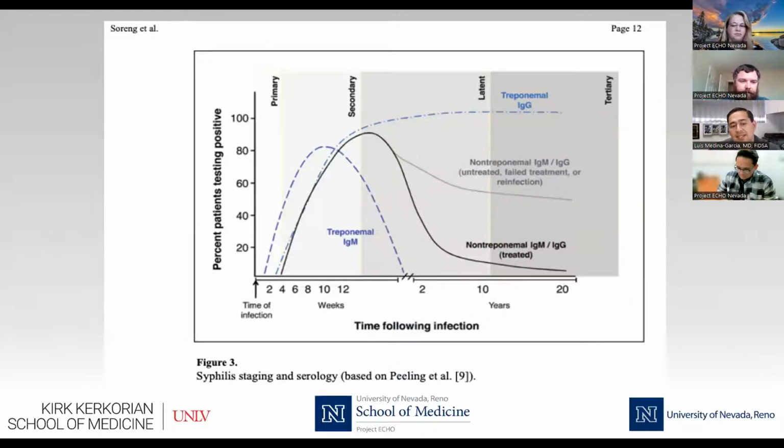And when you come to latent disease, it's 1 year to 10 years, and then tertiary disease is usually 10 years plus. So if you look at the non-treponemal testing, after about 2 years, the vast majority of patients will have a waning in those antibody levels, and they may be negative. And the treponemal IgG remains elevated for decades to come.